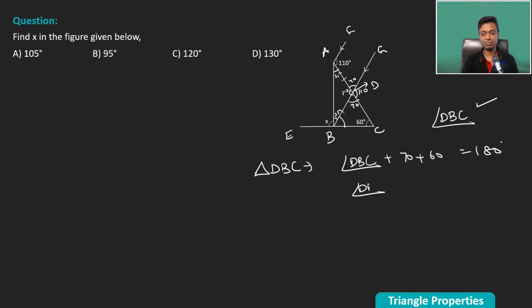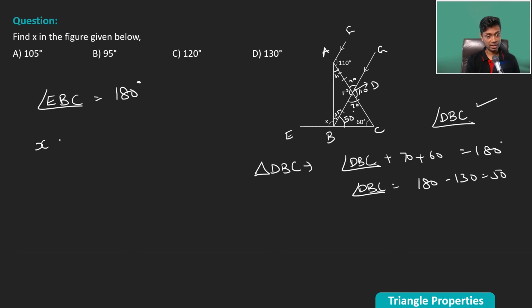Or angle DBC is 180 minus 130, which is 50 degrees. Now we can say angle EBC is 180 degrees. It's a straight line. Or x plus 35 plus 50 equals 180 degrees. Or x equals 180 minus 85 degrees, which is 95 degrees.